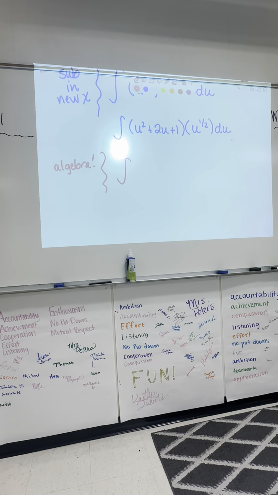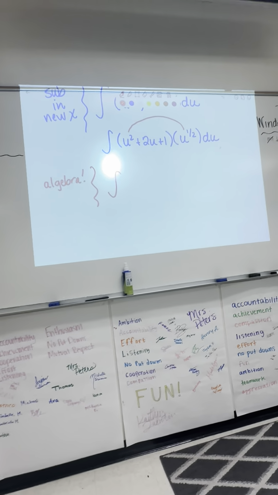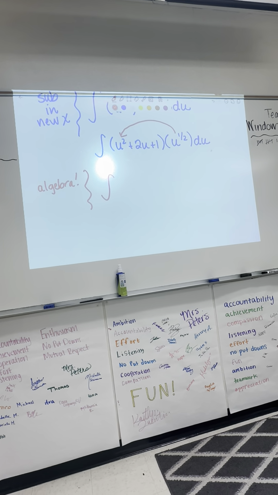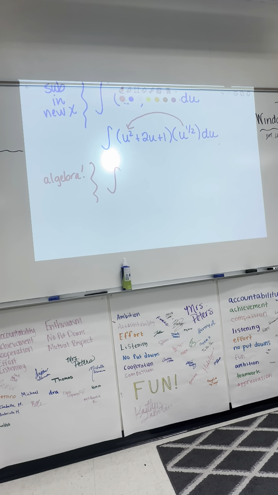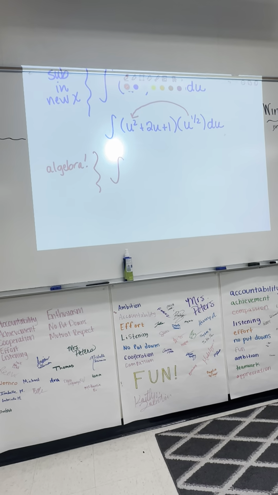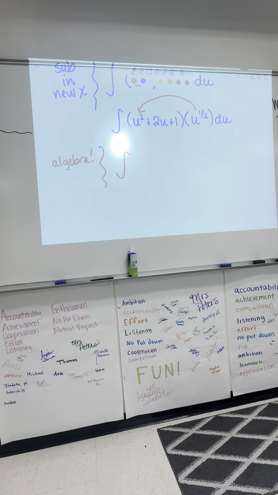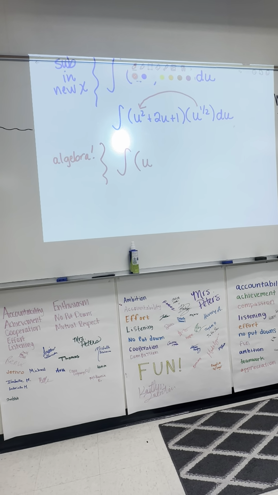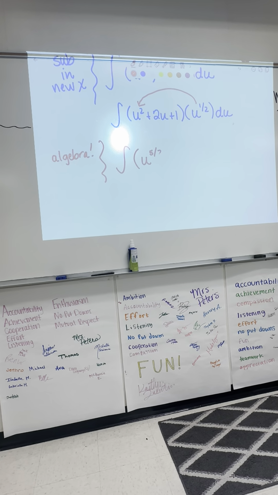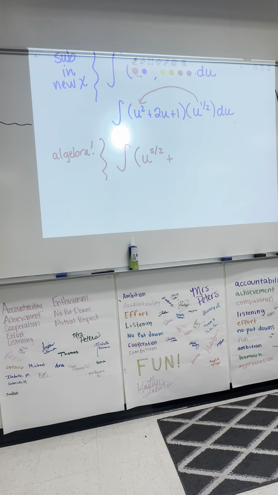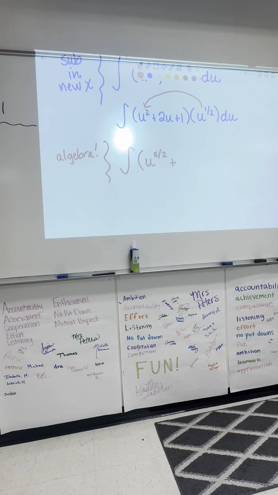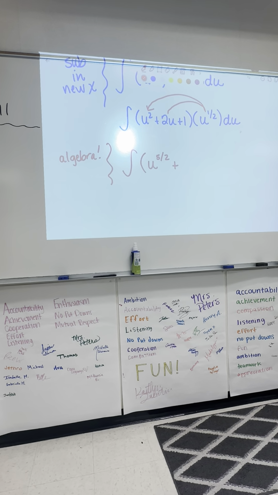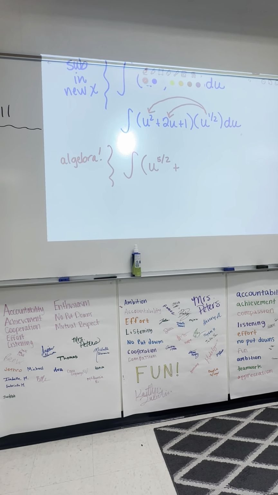I need to distribute u to the 1/2 and u squared. I'm going to multiply those together. What do I get when I multiply u squared times u to the 1/2? U to the 5/2, because I'm adding the exponents, okay? Then I've got a u to the 1/2 times 2u to the 1.